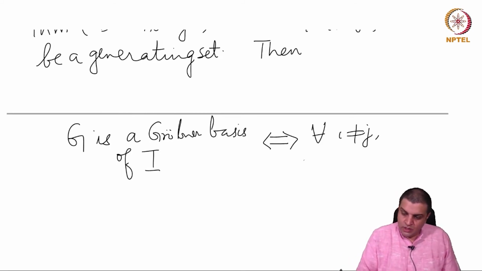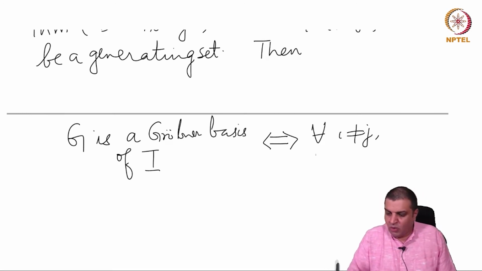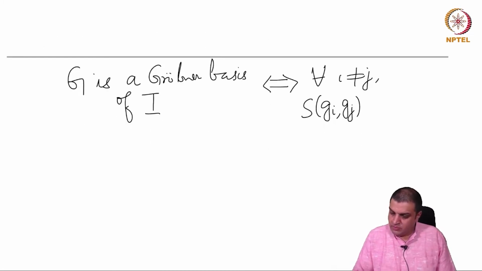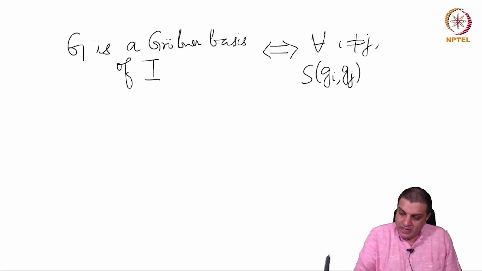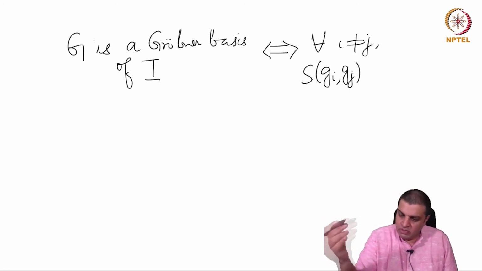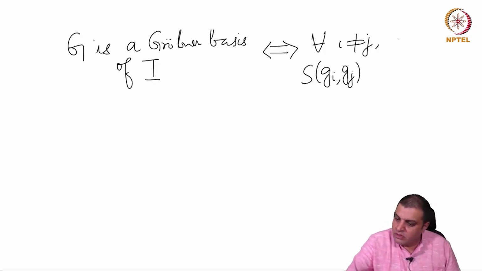Now we can apply the division algorithm on the S-polynomial. We can first compute S(gi, gj). We can apply the division algorithm by elements of G in any order we want.